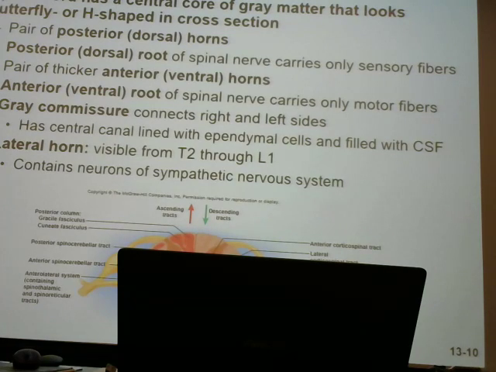So I've already said that if I'm looking at a segment of my spinal cord, I've got my posterior horns, and now I've got some lateral horns. That's the reason why my sympathetic nervous system.